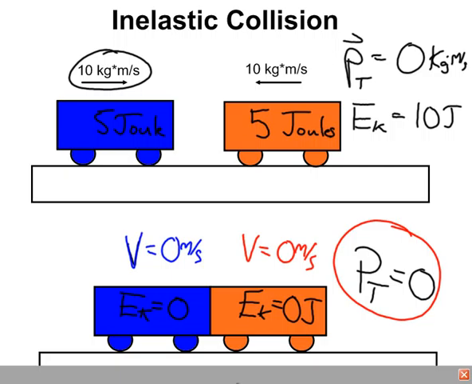At any rate, the carts themselves have no kinetic energy. So if we add up the kinetic energy of both objects, the total kinetic energy after the collision is 0 joules. So you can see that in the elastic collision, both momentum and kinetic energy can be conserved, but in an inelastic collision, only momentum is conserved.